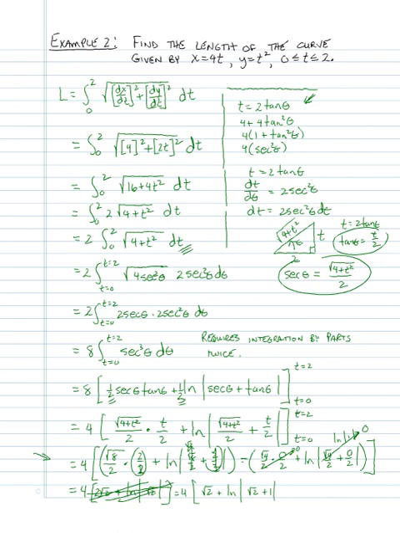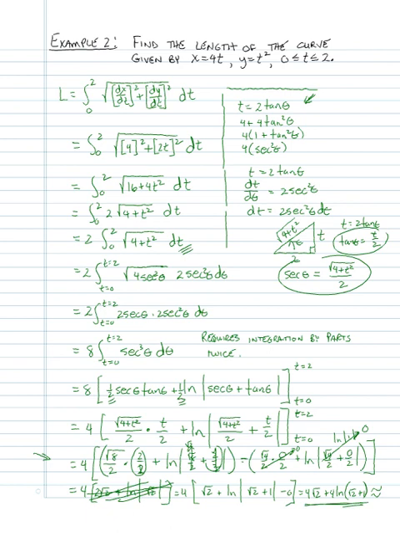And remember, the rest of what we had, we were subtracting 0. So this is 4 root 2 plus 4 natural log of square root of 2 plus 1, which is positive, so I don't need the absolute value, do I? And there's the exact value.